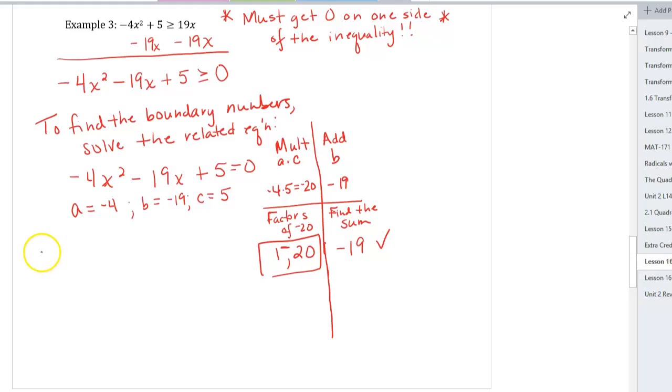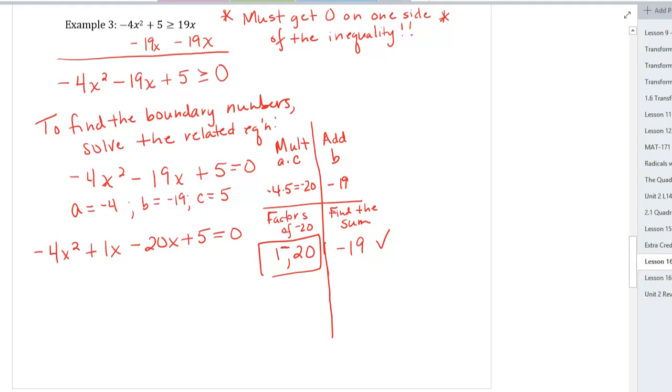So remember, what you do with that then is you're going to rewrite this original equation, but we're going to expand negative 19x using these two numbers. So I'll have plus 1x minus 20x plus 5, and that's equal to 0.